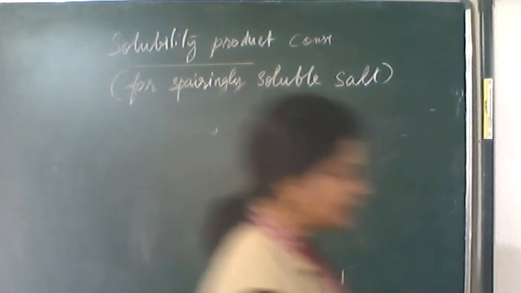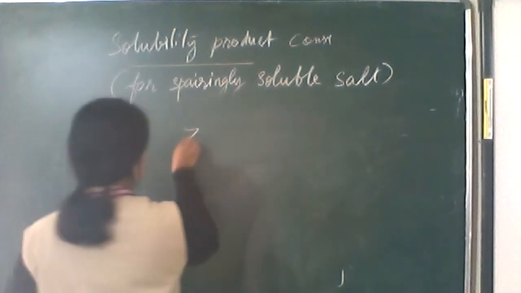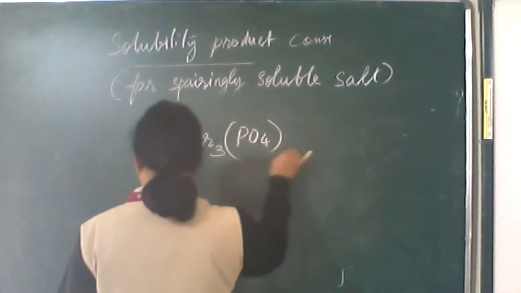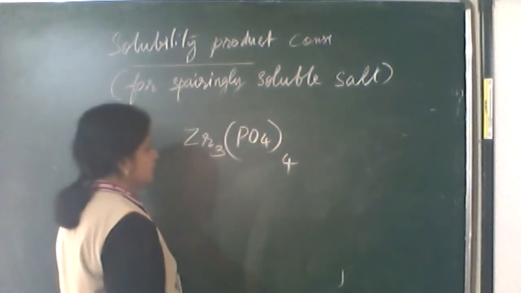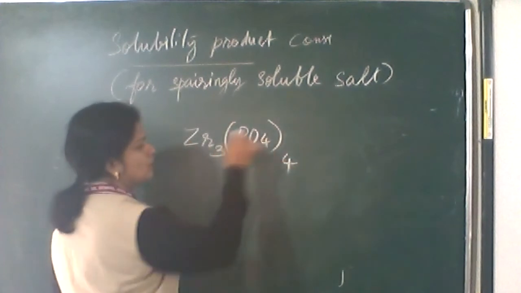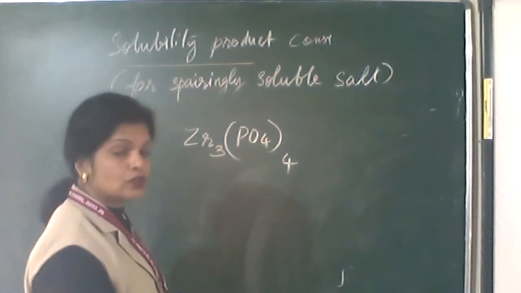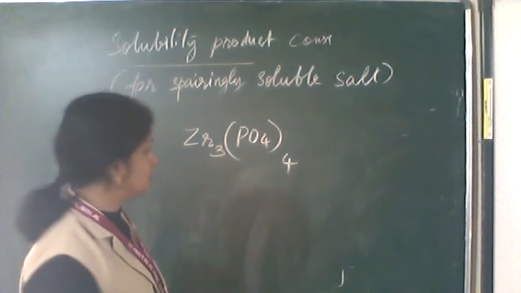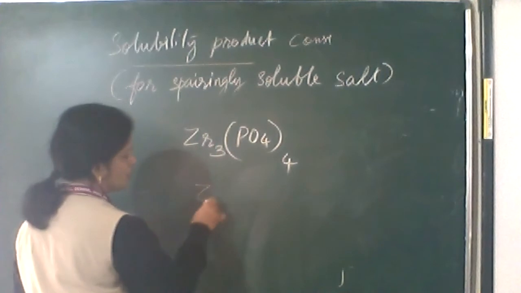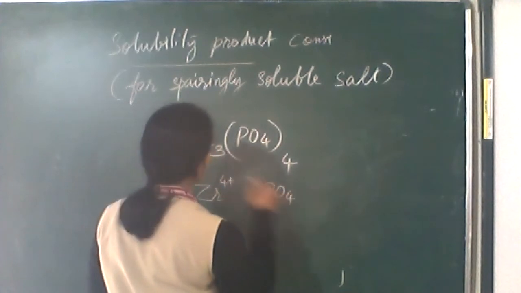If I take another salt, that is Zr3(PO4)4. This is the valency of Zr and this is the valency of PO4. Valencies are interchanged, or you crisscross the valencies, to write this molecular formula. But what ions are present here? Zr4+ and PO4 3-.